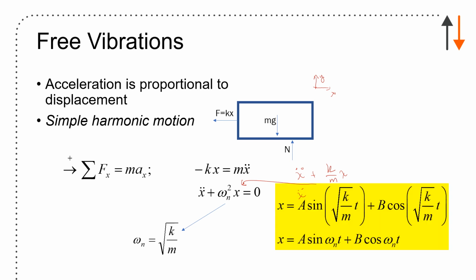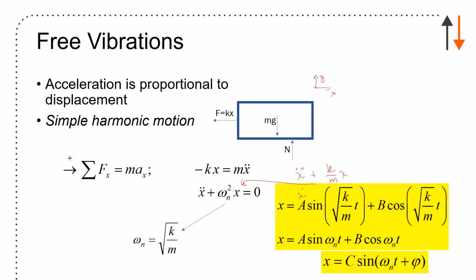And there'll be two possible solutions. x is equal to a sine omega n t plus b cos omega n t here. So great. That's a good solution, and it has the advantage that it will continue indefinitely. That is, it's a sine and a cosine, and I can put in any type of boundary condition here that will work for this particular case.